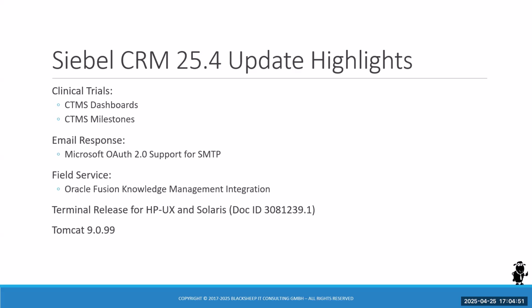CTMS got 10 major updates through the repository upgrade, and this time some other features are added to CTMS: clinical trials, dashboards, and milestones. There is also news for customers using email response. I think it's a mandatory switch to OAuth 2.0 if you use Microsoft and SMTP. So Microsoft Exchange, or what was formerly Exchange.